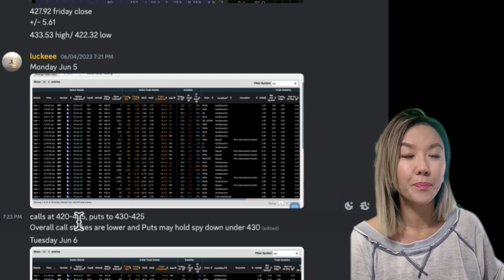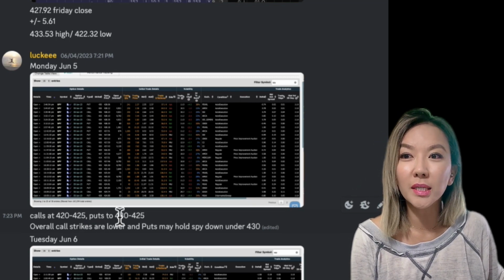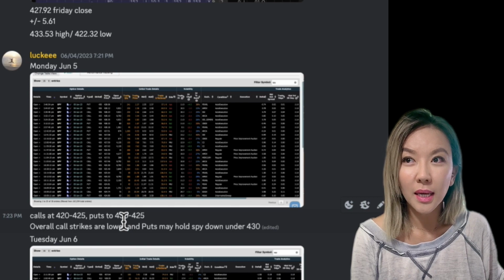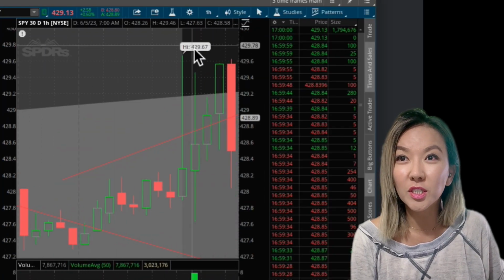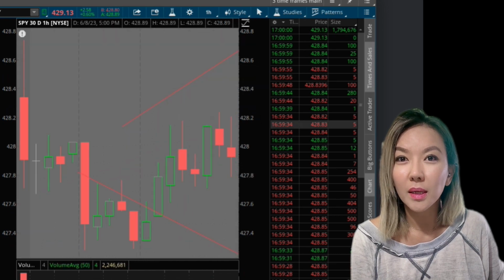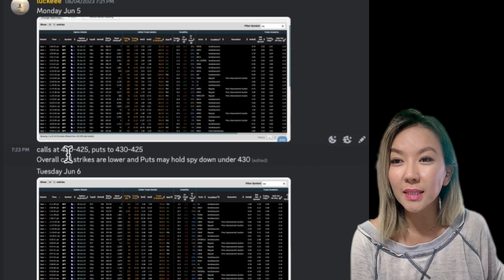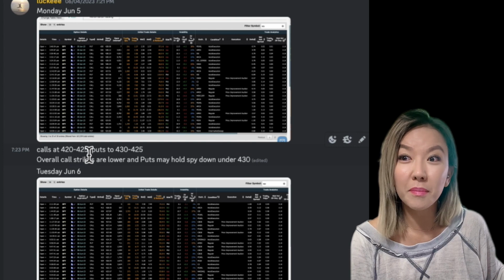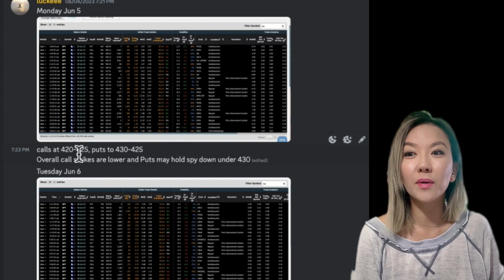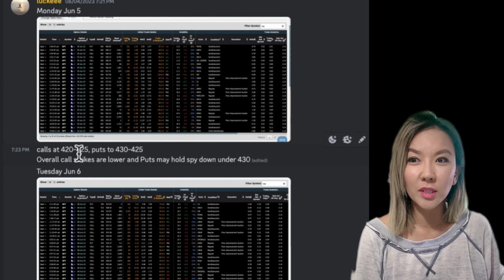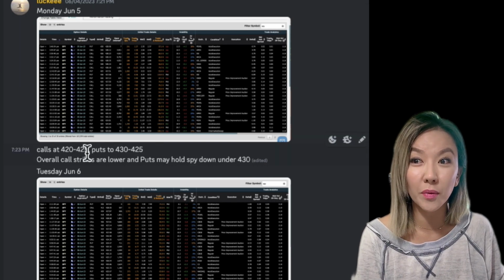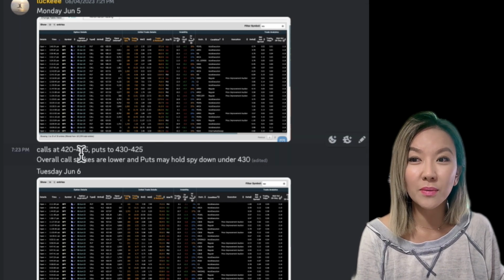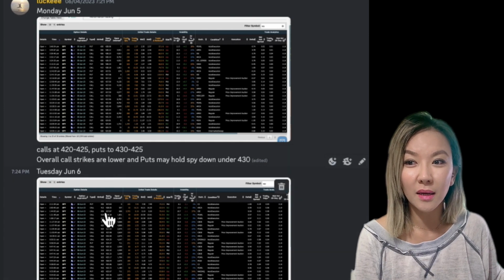So basically, you know that they're going to reject it at 430, and the market opened up into rejection at 430. But if you saw where they were going to take it that day, maybe 425. So I said, okay, it's a little bit strong going into Monday, but if it pulls back into the lower area of the calls, let's swing into the next day.